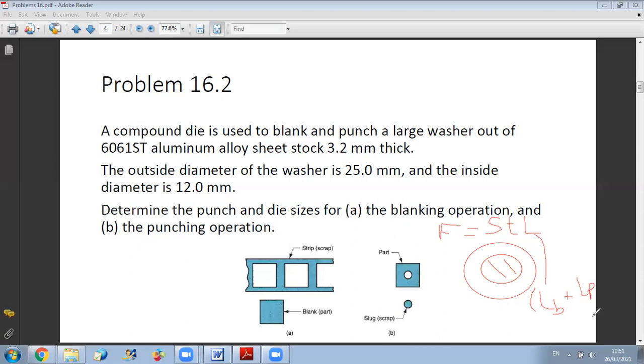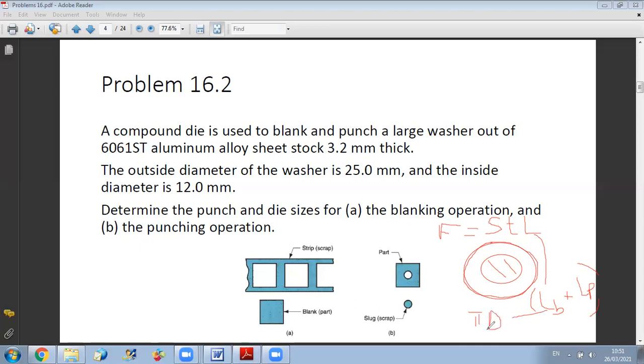What is the cutting length for the blanking operation? In the blanking operation, you are producing the outer cylinder. So the perimeter, which is the length of cut, will be equal to the perimeter of the outer cylinder. So L blanking is pi times d outer.